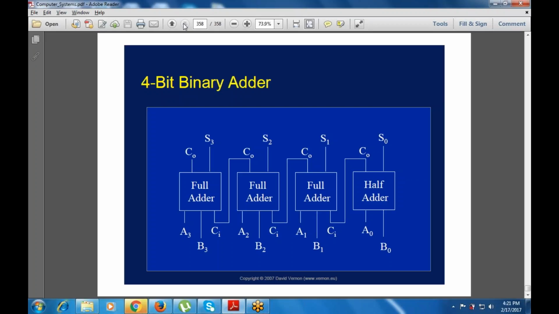One is A3, one is B3, one is carry, one is sum, that is S3, then CI, C0, then A2, B2, S2, then CI, then again full adder A1, B1, then CI, C0, S1, then again half adder, then A0, B0, S0 and C0.